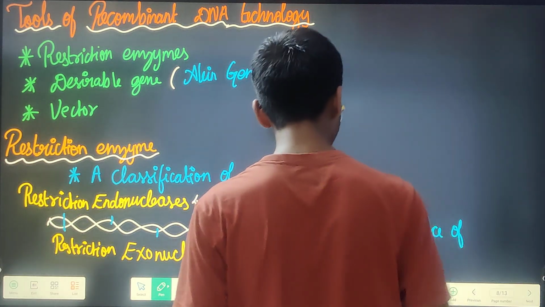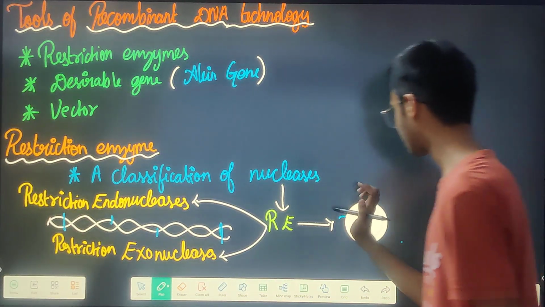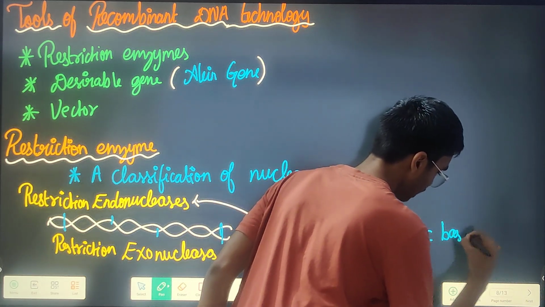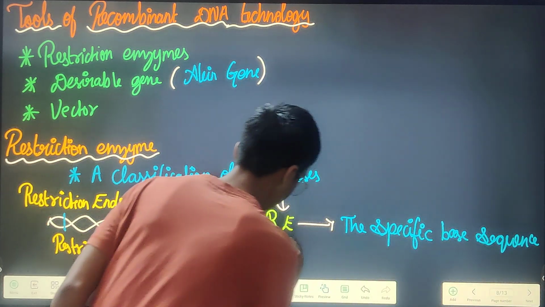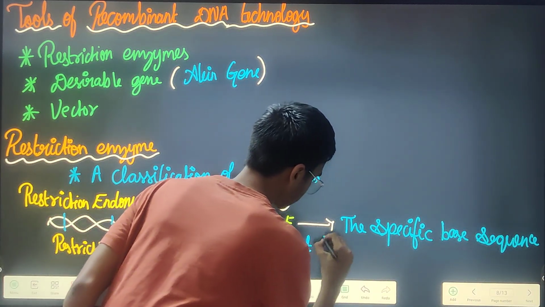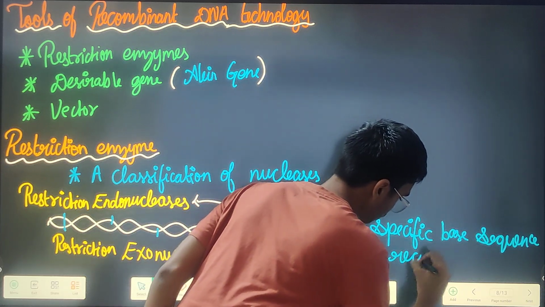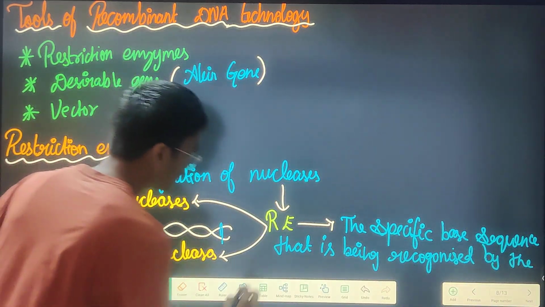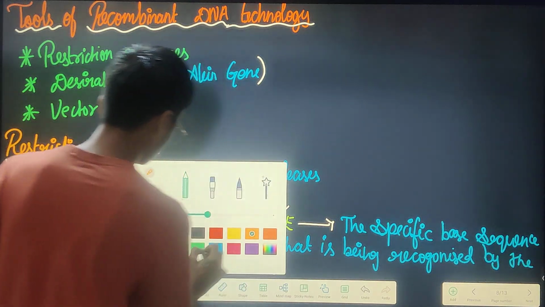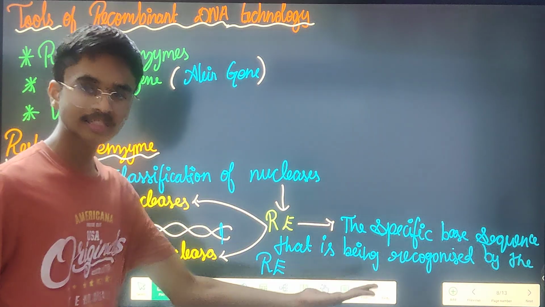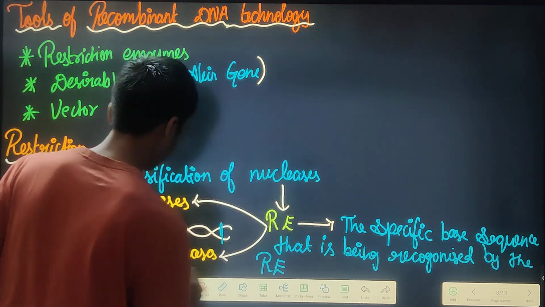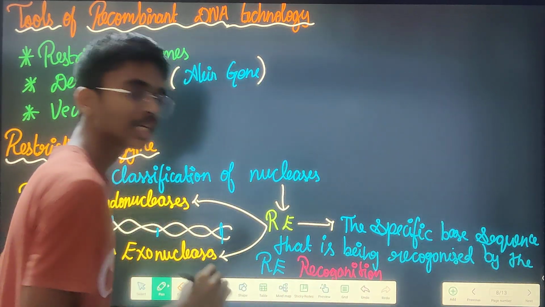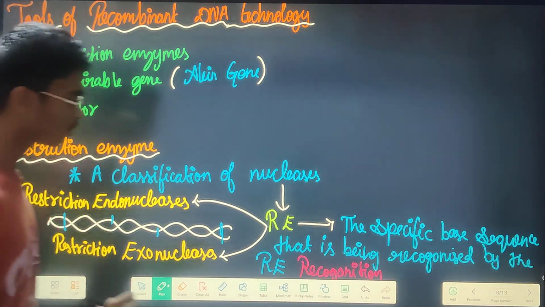The specific base sequence that is being recognized by the RE is known as the recognition sequence.